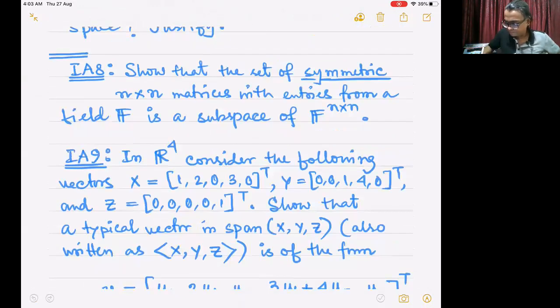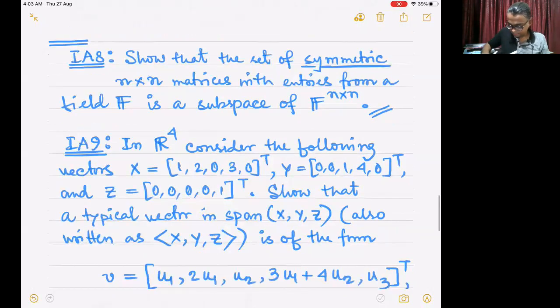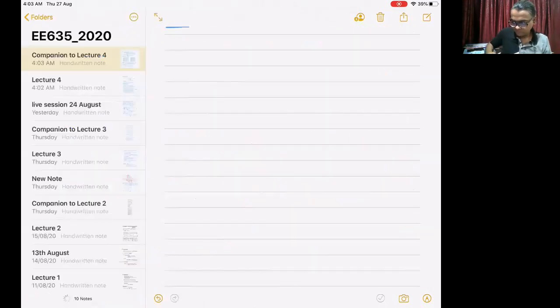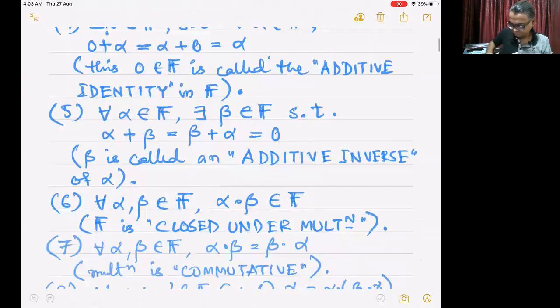Show that the set of all symmetric n by n matrices with entries from a field F is a subspace of square matrices. Now, coming back to the lecture.